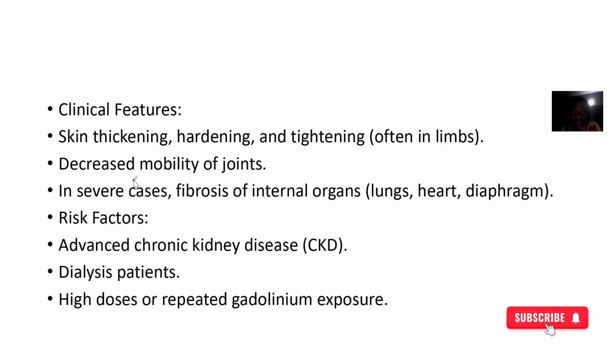Clinical features: skin thickening, hardening and tightening, decreased mobility of joints. So joints are actually becoming fibrosed. All right, it could also cause a lot of fibrosis in internal organs like the lungs, the heart, the diaphragm. Risk factors: chronic kidney disease, which could make the patient start undergoing dialysis.